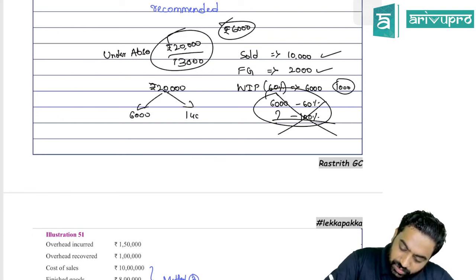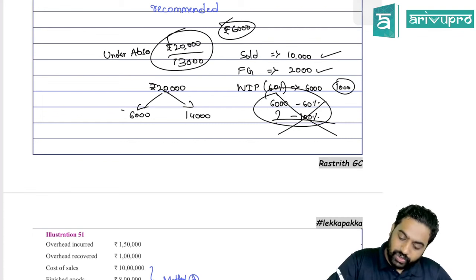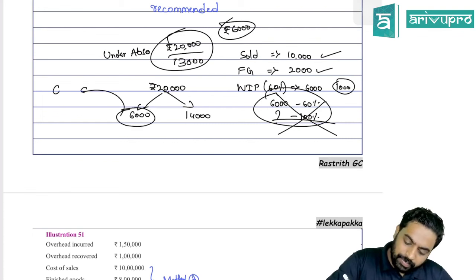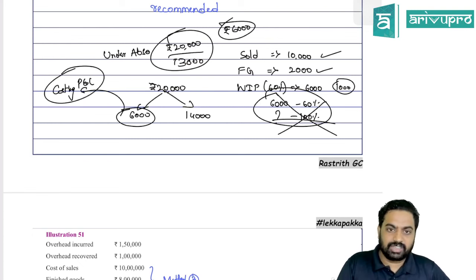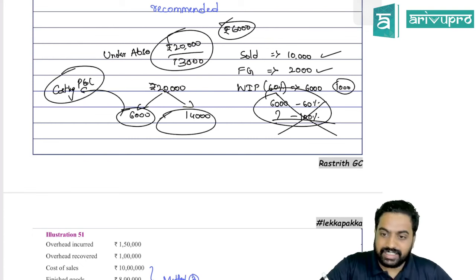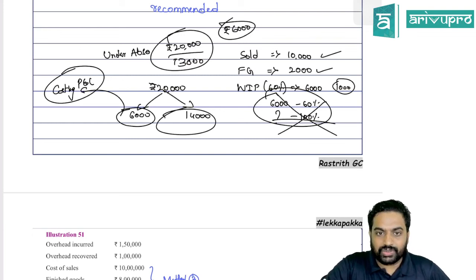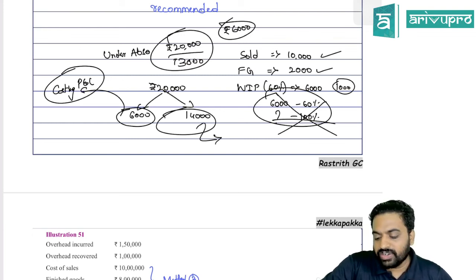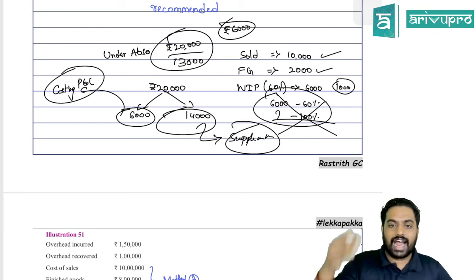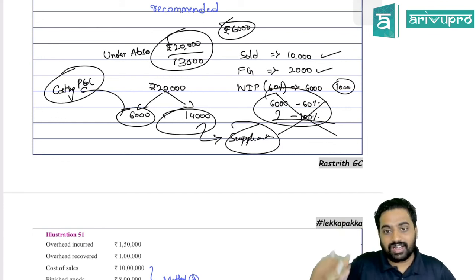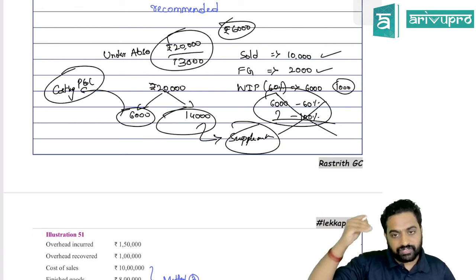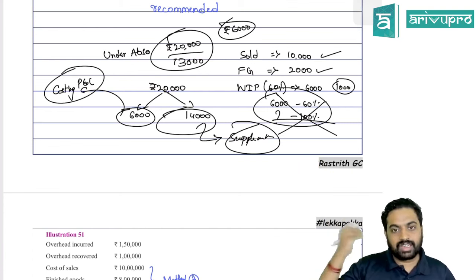This 6,000 we charge to the costing P&L straight away. For this 14,000 we find a supplementary rate, and we add it or reduce it from the cost of goods sold, or cost of the finished goods in stock, or cost of the WIP in stock.